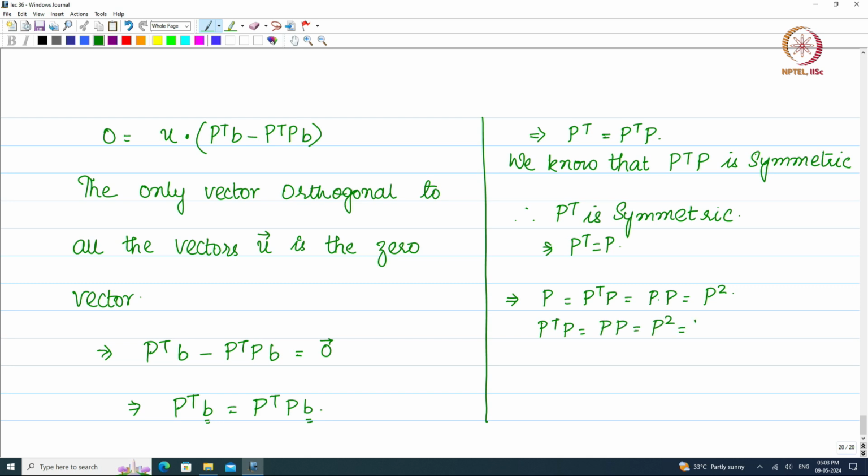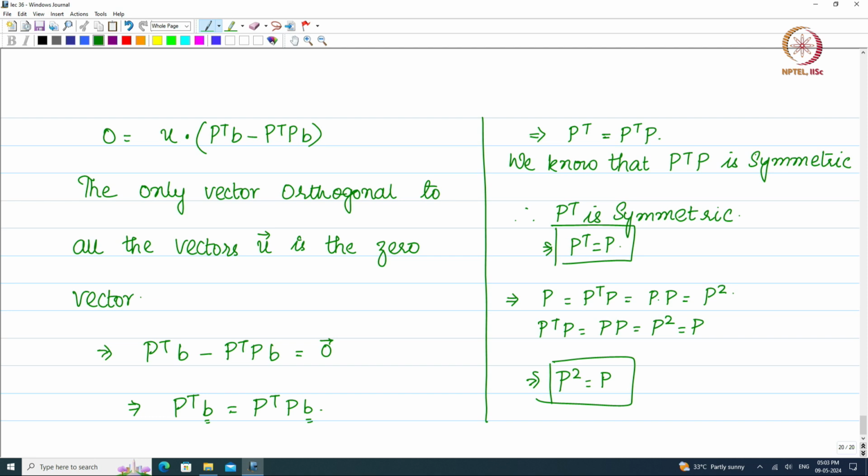So P square is equal to P. Thus we proved that any matrix P is a projection matrix if the matrix is symmetric and idempotent, that means P square is equal to P.